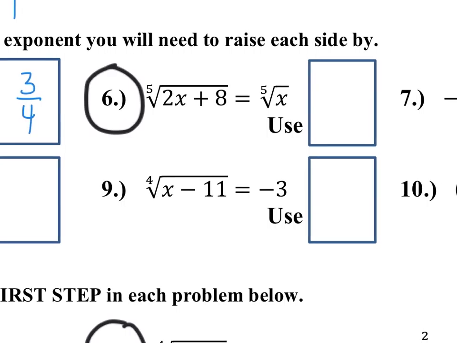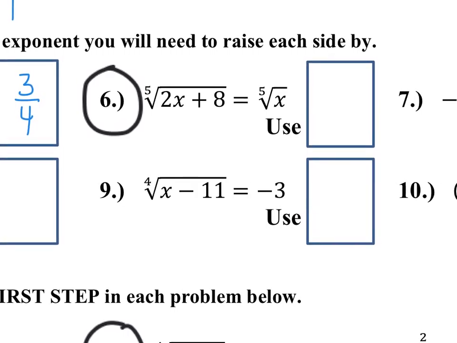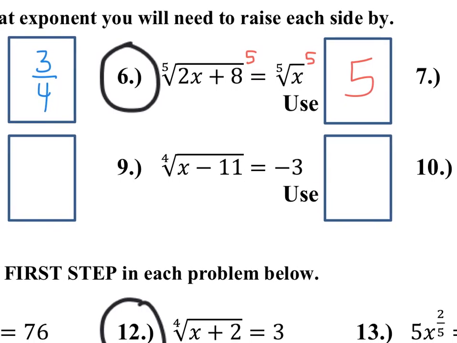In problem number 6, we have it written as a radical. Since it's the 5th root, we just want to raise each side to the 5th power. So that one's not actually a fraction, but just to the 5th power. And that will cancel out the 5th root.